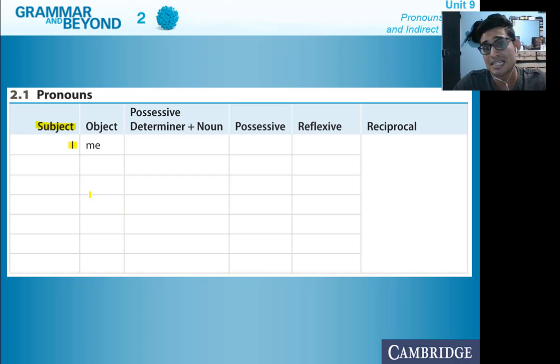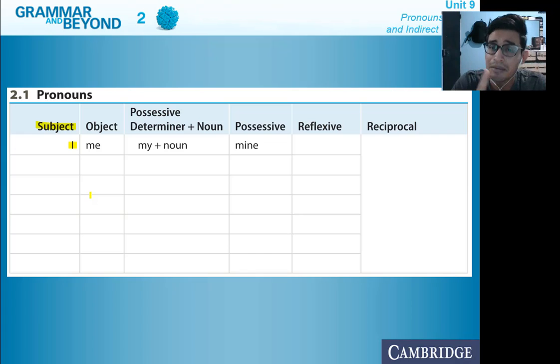Now we have possessive determiner as well, plus noun. These are not pronouns, they are adjectives, okay? So we have the possessive adjective my. For example, my t-shirt. My teacher is wearing a t-shirt, okay?